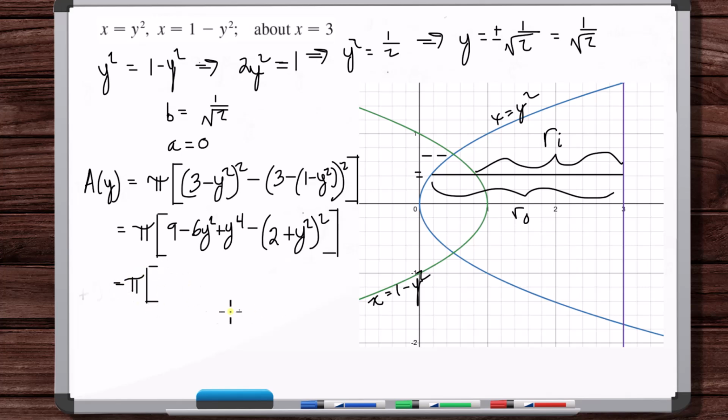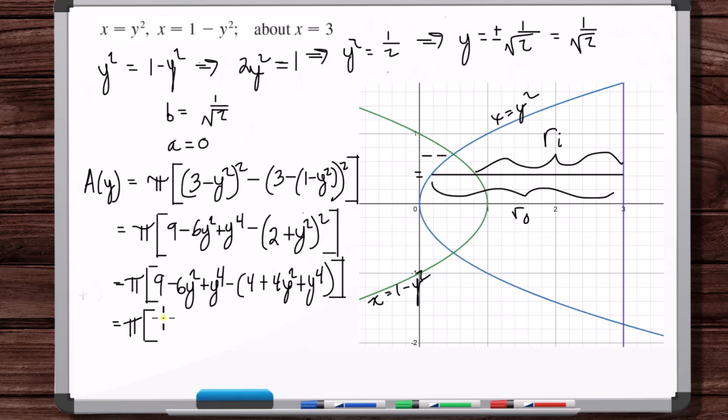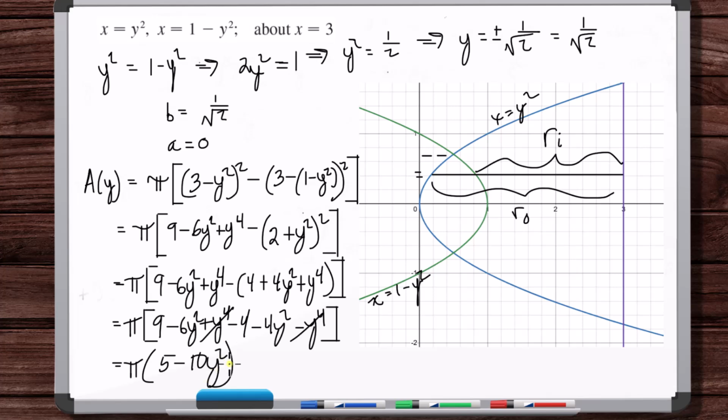So we got 9 minus 6y squared plus y to the fourth minus 4 minus 4y squared minus y to the fourth. The plus y to the fourth and minus y to the fourth cancel, and then we've got 5 minus 10y squared.